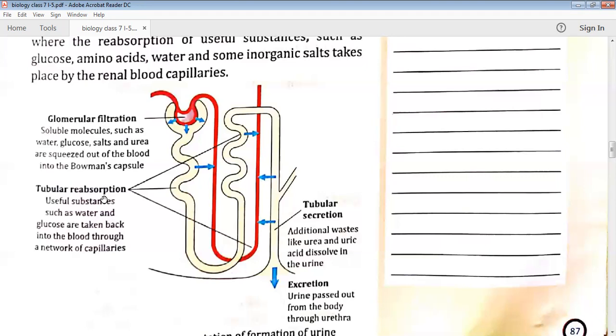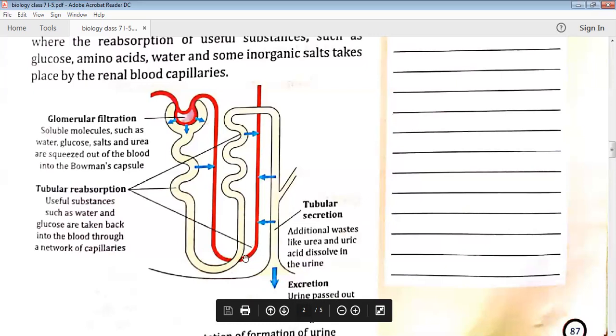Here reabsorption of useful substances such as glucose, amino acids, water, and salts takes place by renal blood capillaries. Useful substances are taken back into the blood through a network of capillaries. These are the network of capillaries, this one and this one, through which useful substances will be absorbed.